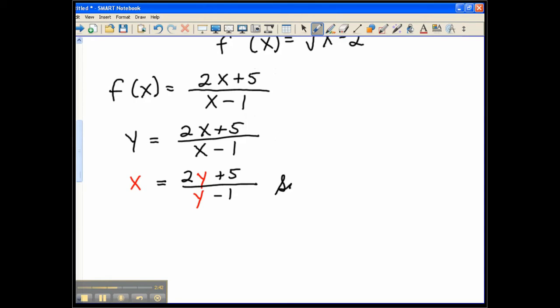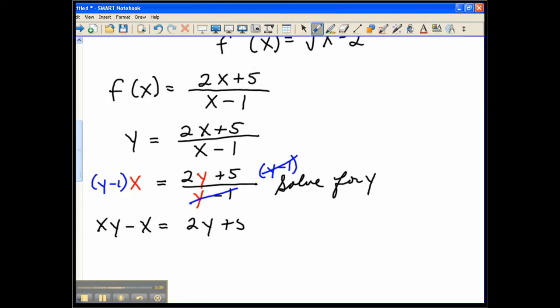Now we're going to solve for y. So first off, we need to multiply both sides of the equation by y minus 1. On the left-hand side, distributing the x, we have xy minus x equals. Now on the right, the y minus 1's will cancel, and then we have 2y plus 5.